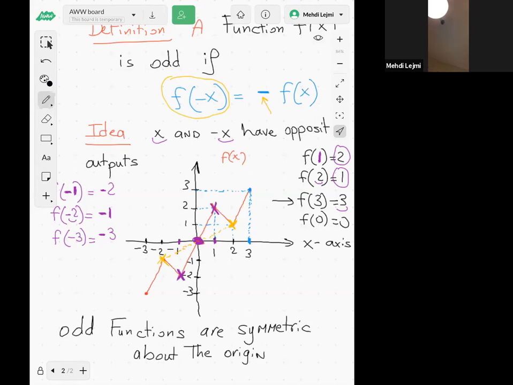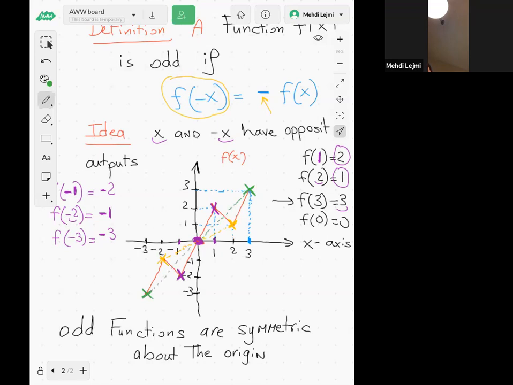Okay. So for this point here, you see the distance from the origin to this point. Then if you take this one here, it has the same distance to the origin, right?